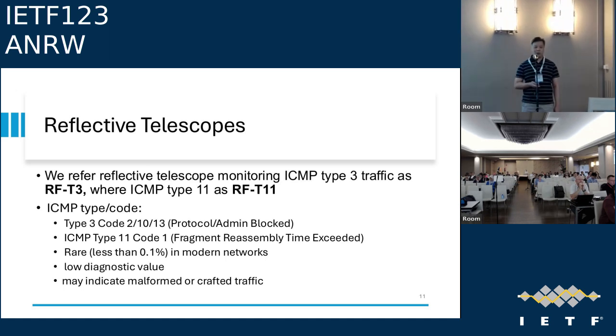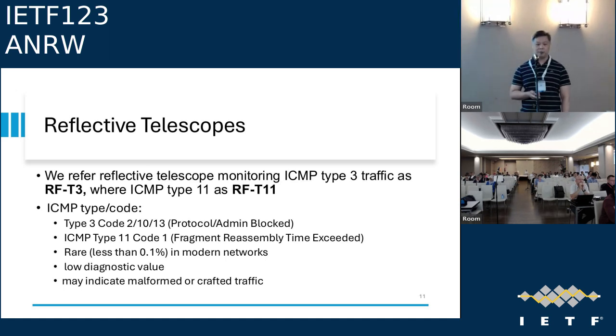In our refraction telescope, we define two different telescopes. For the RFT3, we capture the ICMP type 3 network unreachable packets.